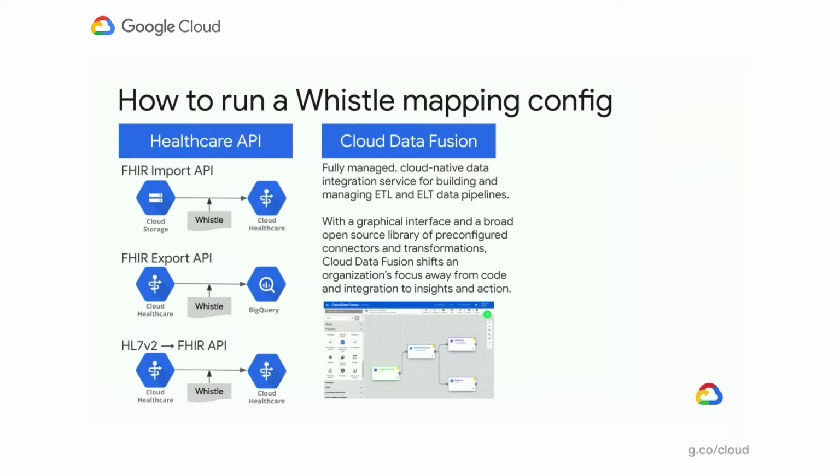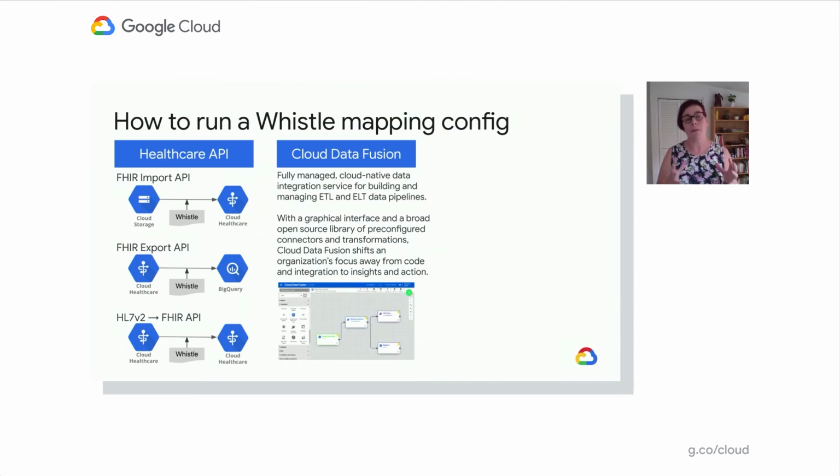And what's really unique about Cloud Data Fusion is that this is a fully managed environment that does it by drag and drop using a graphical UI. And that helps you to get away from managing all of your pipelines with code into focusing on the actual transformations that are getting done and moving you away towards insight and action.